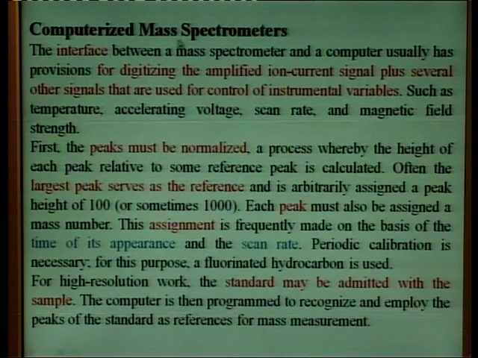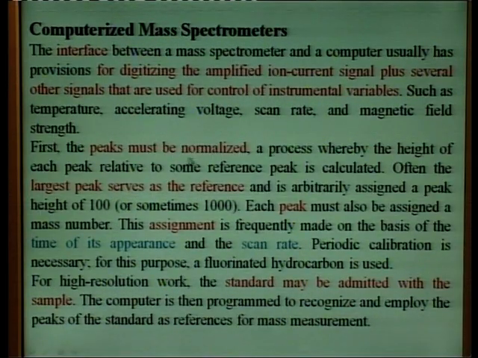Then the computerized mass spectrometers use an interface between the mass spectrometer and the computer. This has a provision for digitizing the amplified ion current signal plus several other signals that are used for the control of instrument variables such as temperature, accelerating voltage, scan rate, and magnetic field strength.